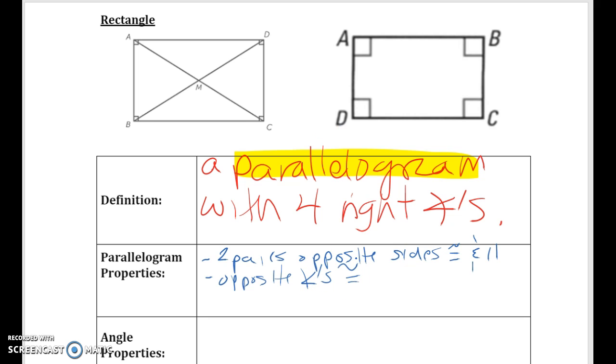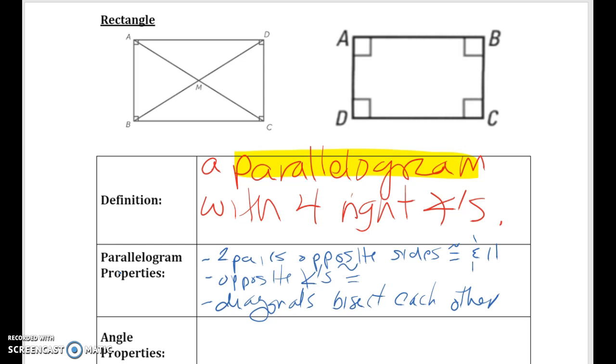In this case, all 4 angles are congruent. Diagonals bisect each other. So these parallelogram properties do not distinguish the rectangle, right?